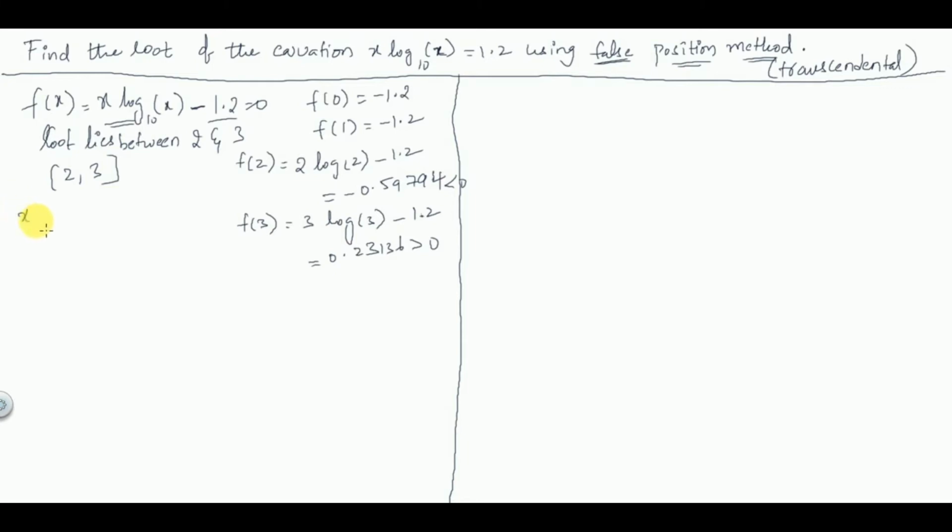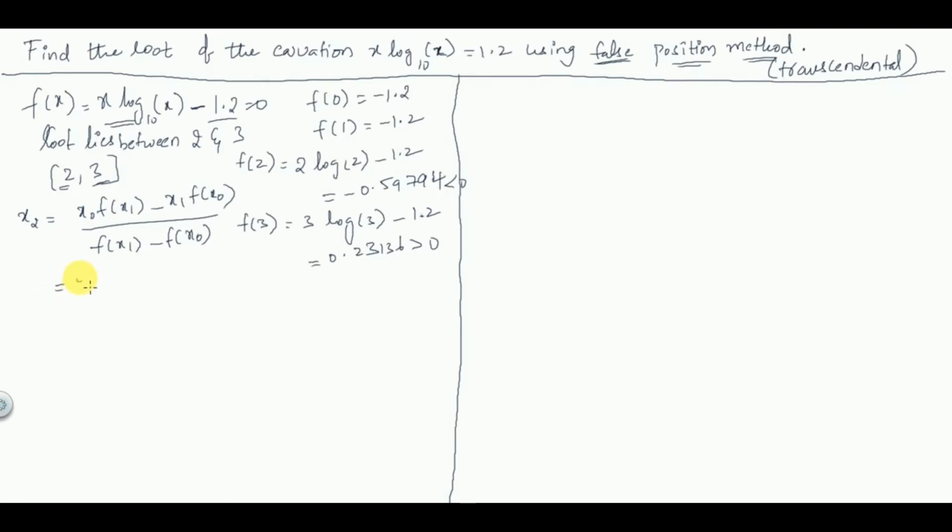The first approximation x2 is given by x0 into f of x1 minus x1 into f of x0, divided by f of x1 minus f of x0. Here x0 is 2 and x1 is 3.